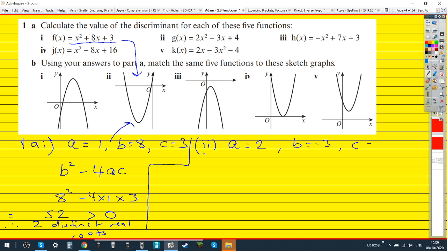So it'd be minus 3 squared minus 4 times 2 times 4, which would be 32. Minus 3 squared is 9. So it'd be 9 minus 32, which would be minus 23.